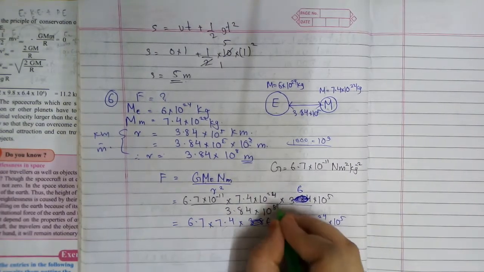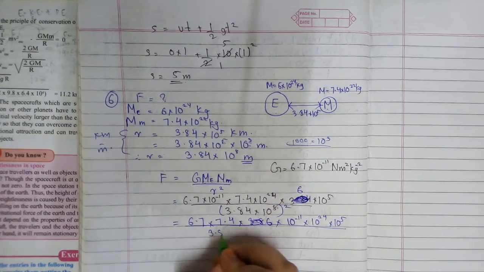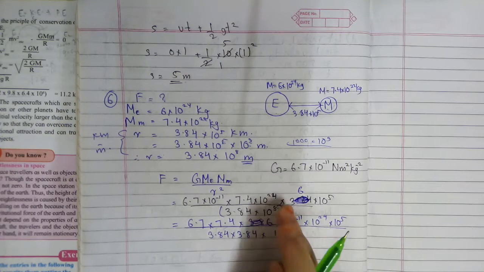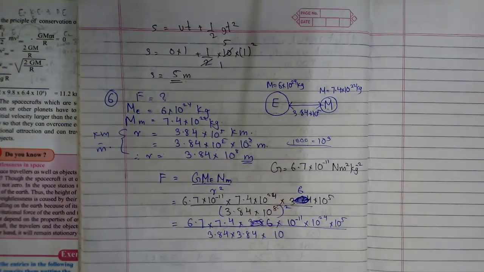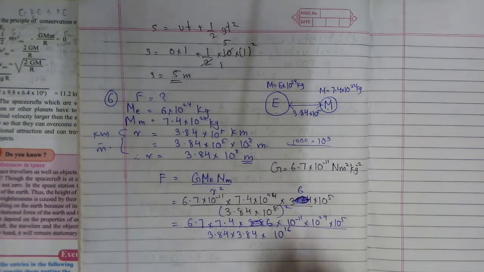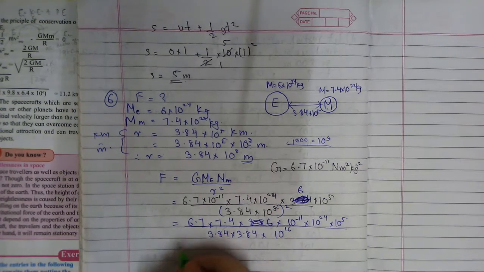We will write them together, and this is squared. So the square will be written as 3.84 multiplied by 3.84 multiplied by 10 to the power 8 squared. Not 8 square, 16. 8 times 2 is 16, so here we will write 16.